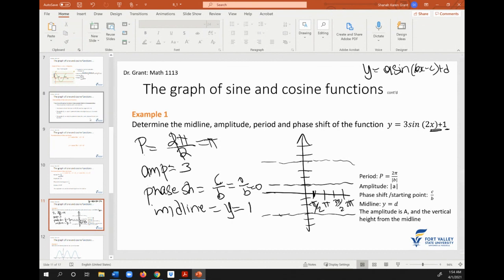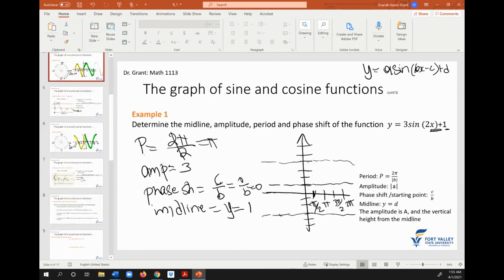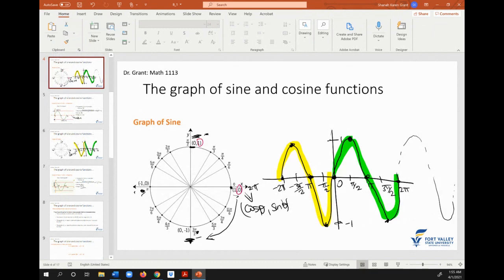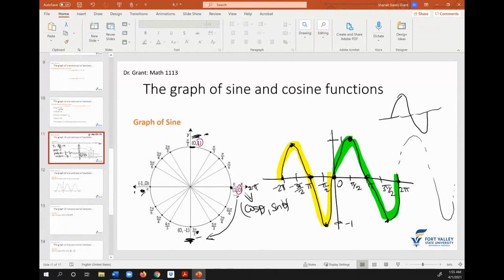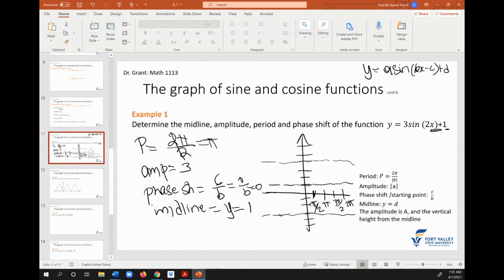So if you look at the previous sine graph that we drew, this portion here is really the graph itself. So if I were to do a quick sketch, I will have, so I'm supposed to be between here and here, and it's going to be really scrunched or stretched.